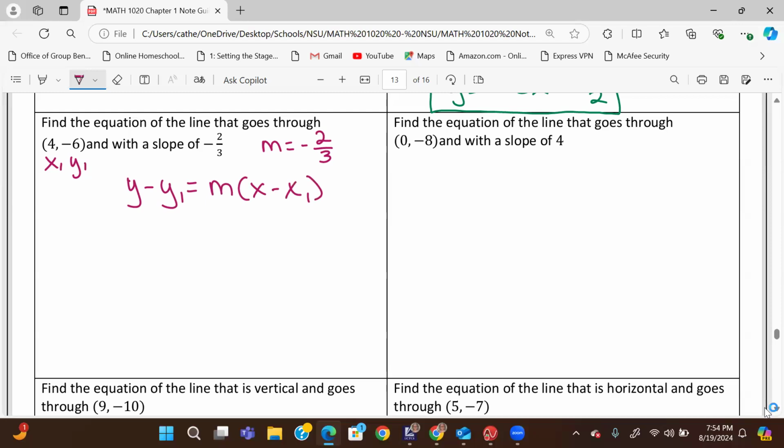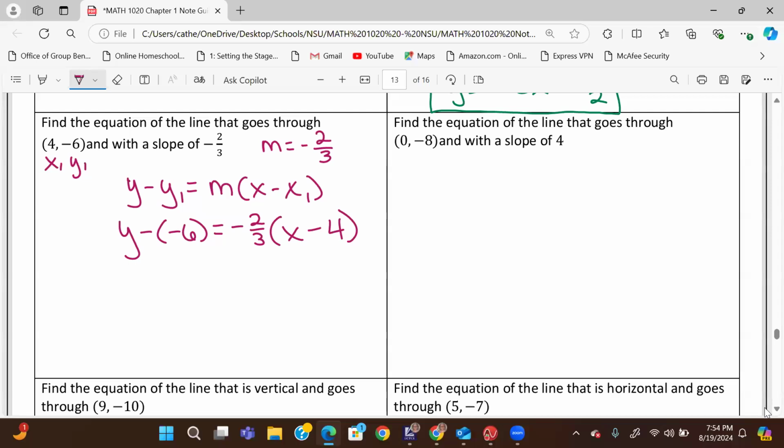And then from there, I'm going to plug in my values. So y minus y1, which is -6, my slope is -2/3, and then x minus x1, which is 4.